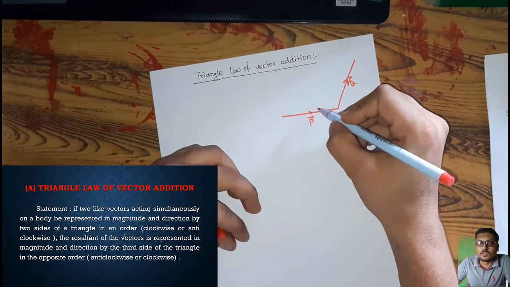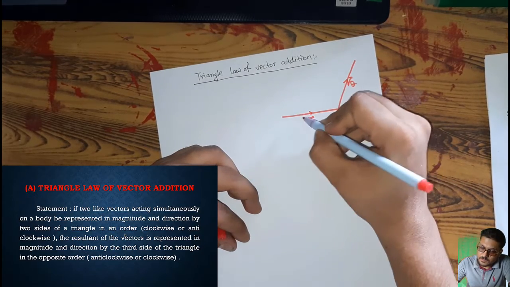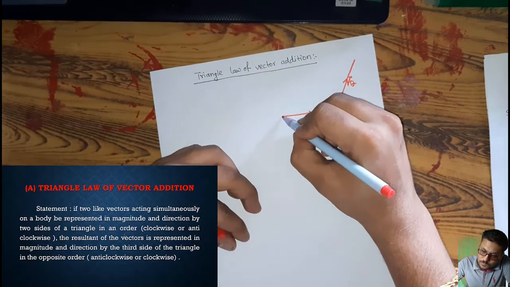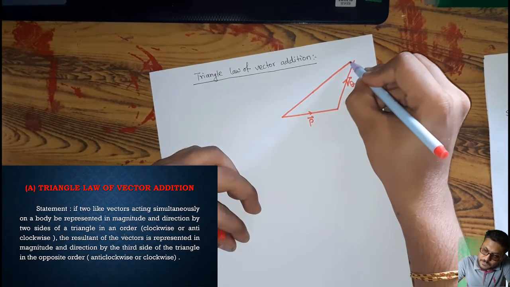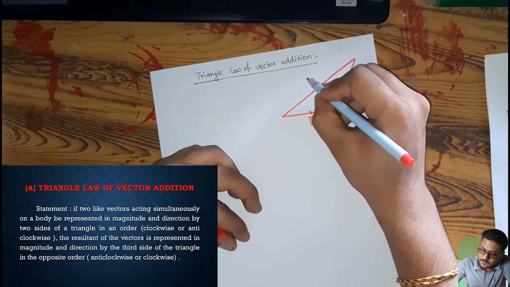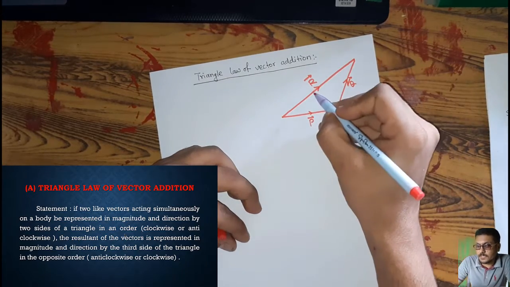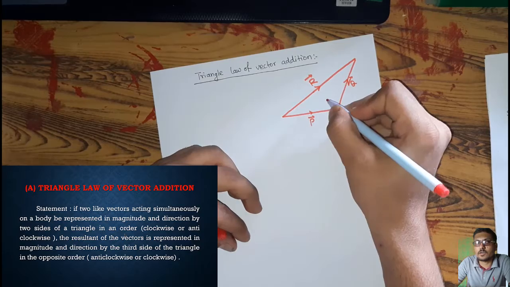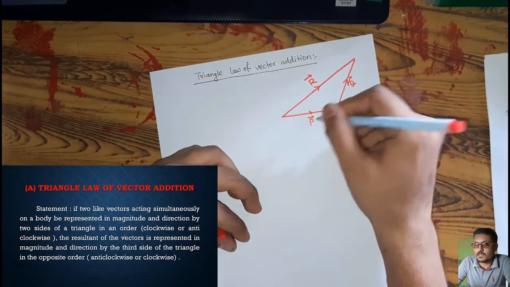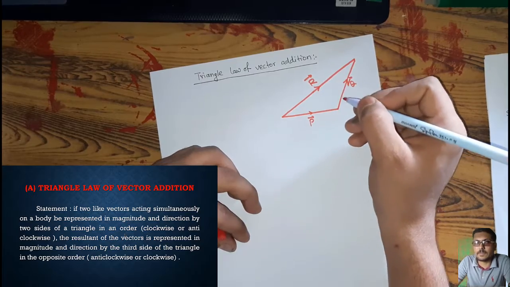Then the resultant vector means the vector joining P and Q. This vector is represented by the resultant vector R. This resultant vector represents the third side of this triangle. This is the statement.